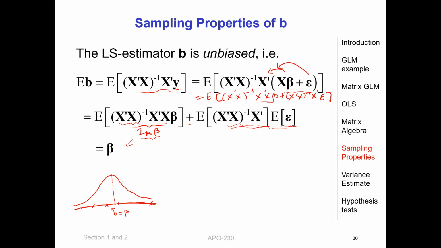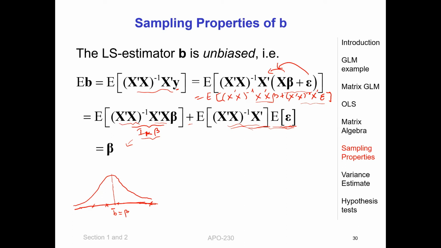And by definition, that means that the expected value of this product is equal to the product of the expectations themselves. So you could split them into two different expectation operators because they are independent. We learned that last week.